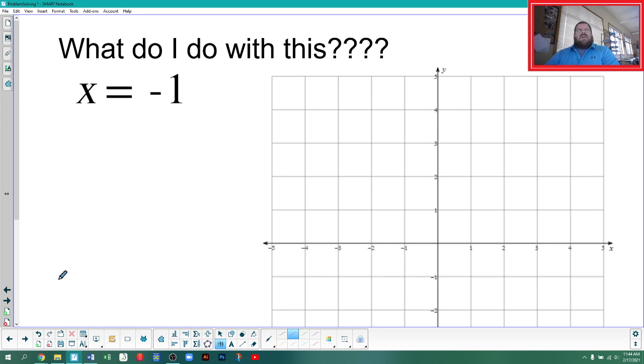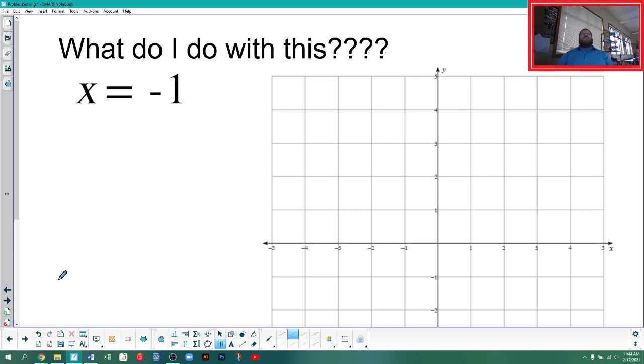So my best advice for a problem like this is to look at the equation and actually say it. And I urge you to do this with almost everything in math, is to actually say what the problem says. Say it out loud. You might seem weird sitting at home, sitting at your computer, doing your homework, and saying, x equals -1.